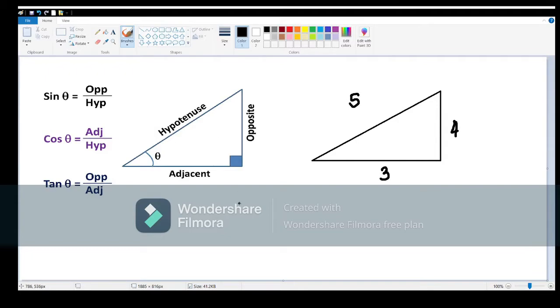I'm going to find sine, cos, tan, and I'm also going to find sec, cosec, and cot. So how are we going to find that?